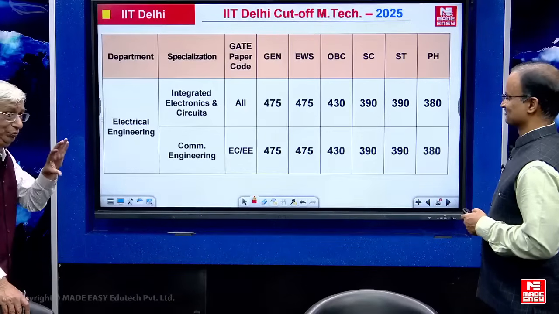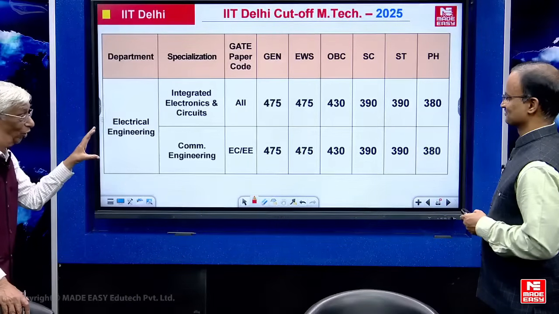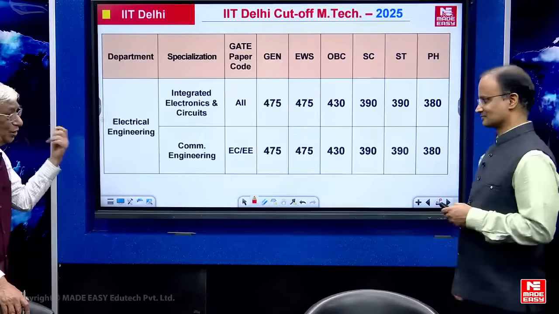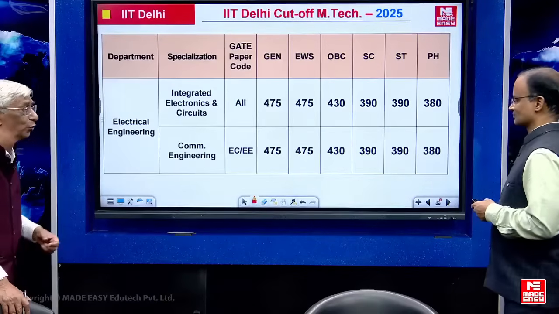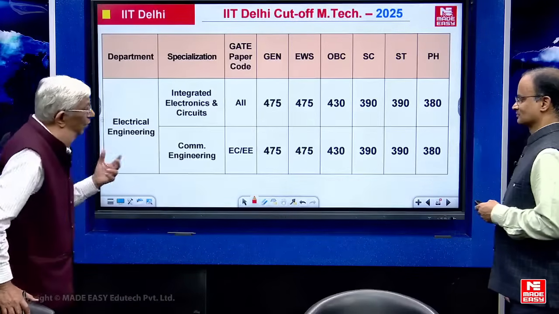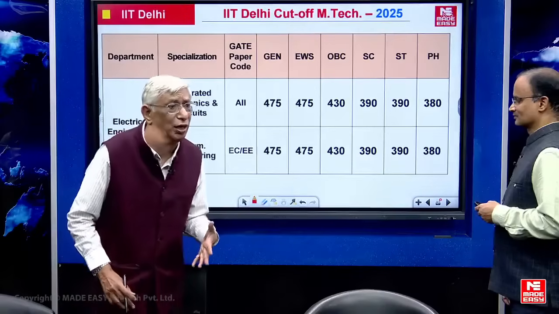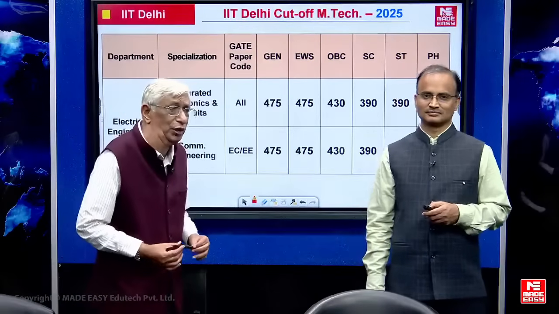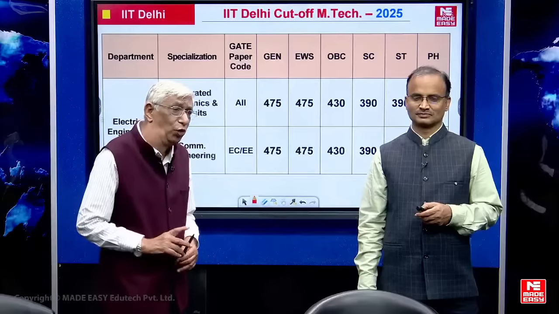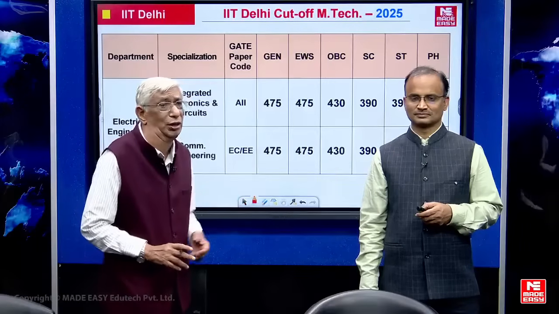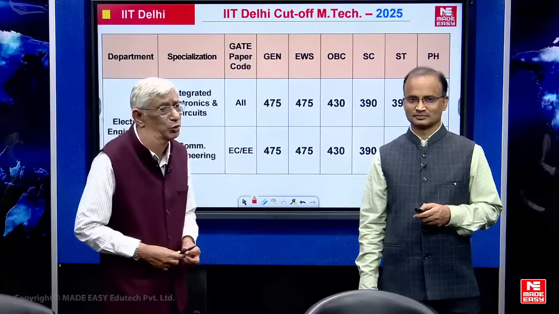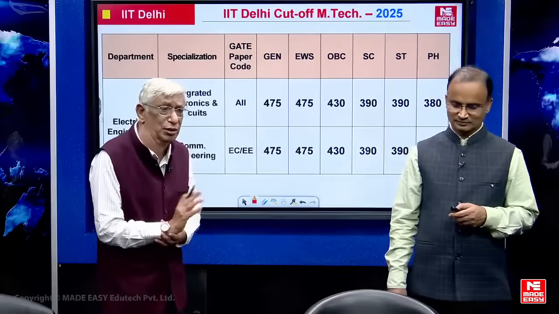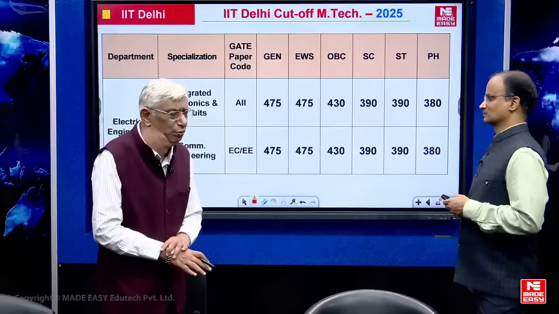Cutoffs. We are not talking about every individual cutoff, but we'll stop at every slide for a few seconds. In case you want to take a screenshot, you can do that. But this entire data will be made available to you on the MadeEasy app. You can download the MadeEasy app from the Play Store or the App Store, and this data will be uploaded for your branch by Thursday evening.